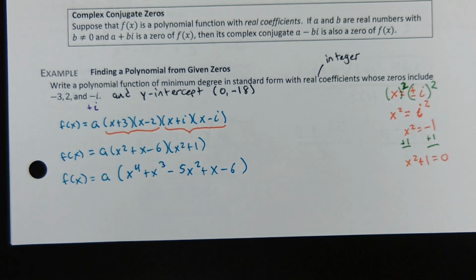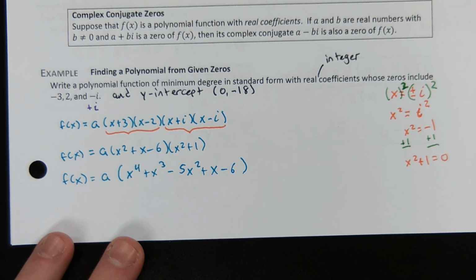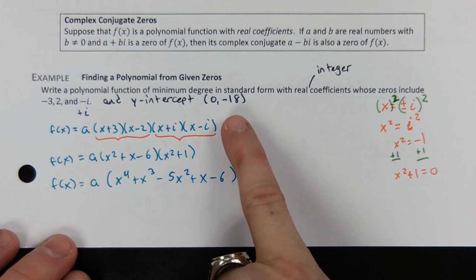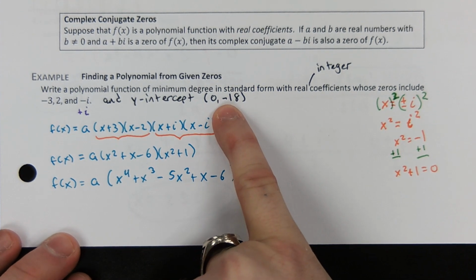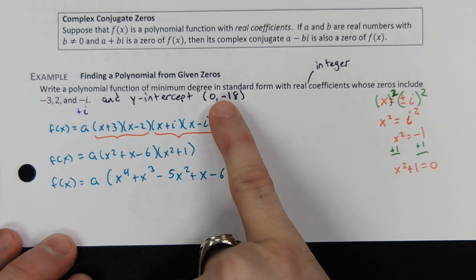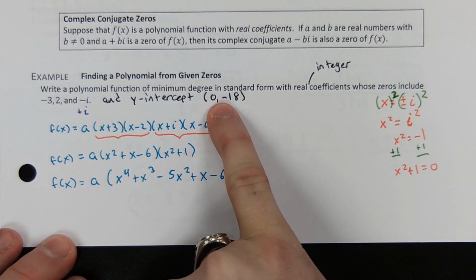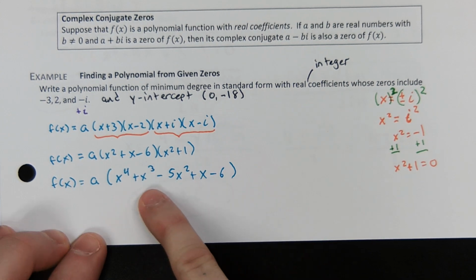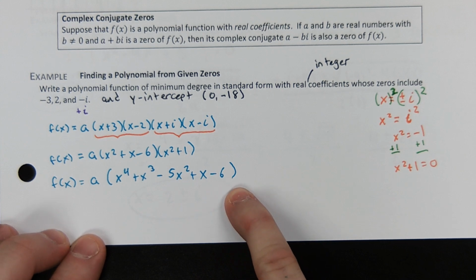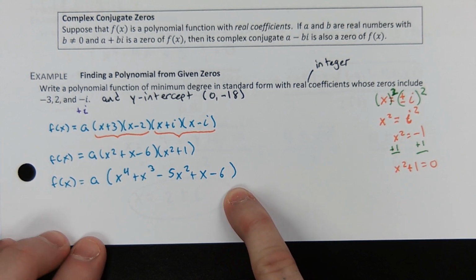So the 4 solutions get us there. All we have left to do then is to satisfy this criteria. If you plug in x equals 0, what is this going to give you? Negative 6.